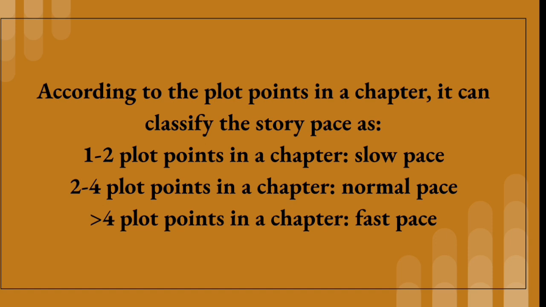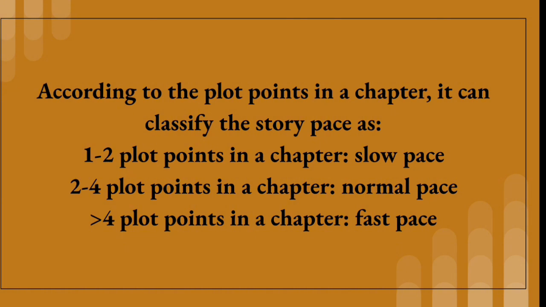Then if your story has 2 to 4 plot points in a chapter, it is considered a normal pace, okay? Then if it is above 4 plot points in a chapter, it is considered a fast pace, okay? To tell you the truth, a lot of people are fond of writing stories that don't center on the female lead and the male lead.